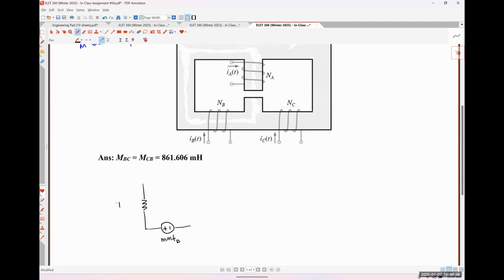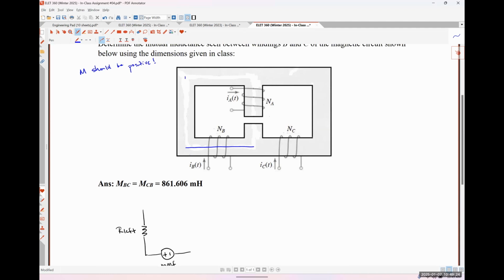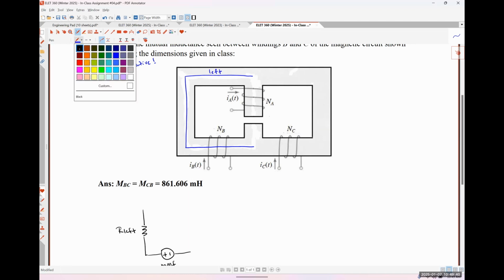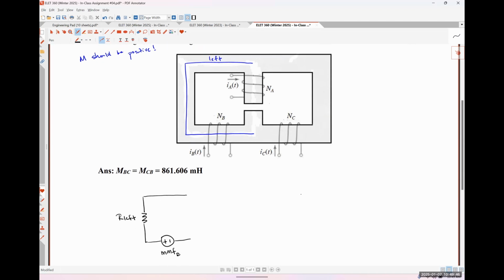This is going to be the reluctance of my left branch. Just as a quick aside, I'm going to do this flux path in blue. This is the total flux path for the left-hand side, and I'm going to put a note here: left. Now I'm going to do my middle path.